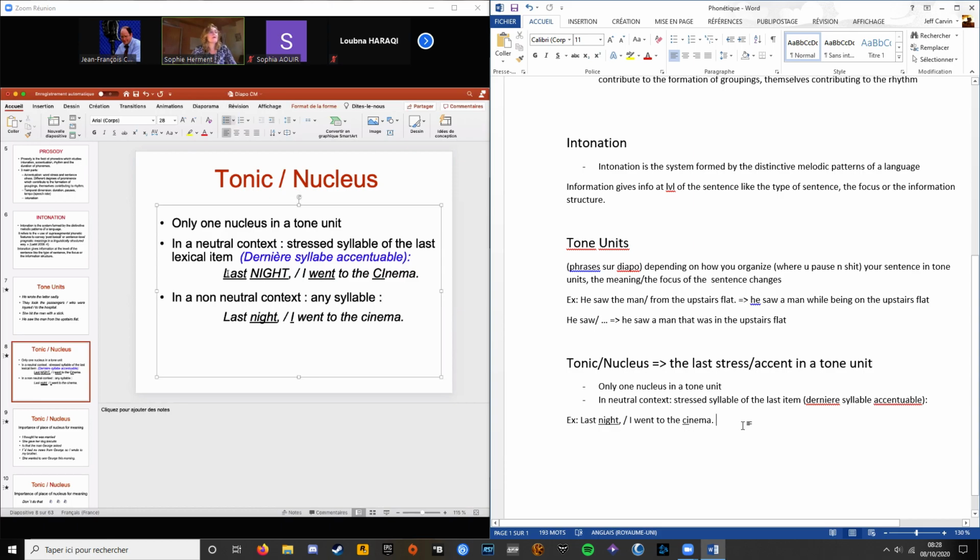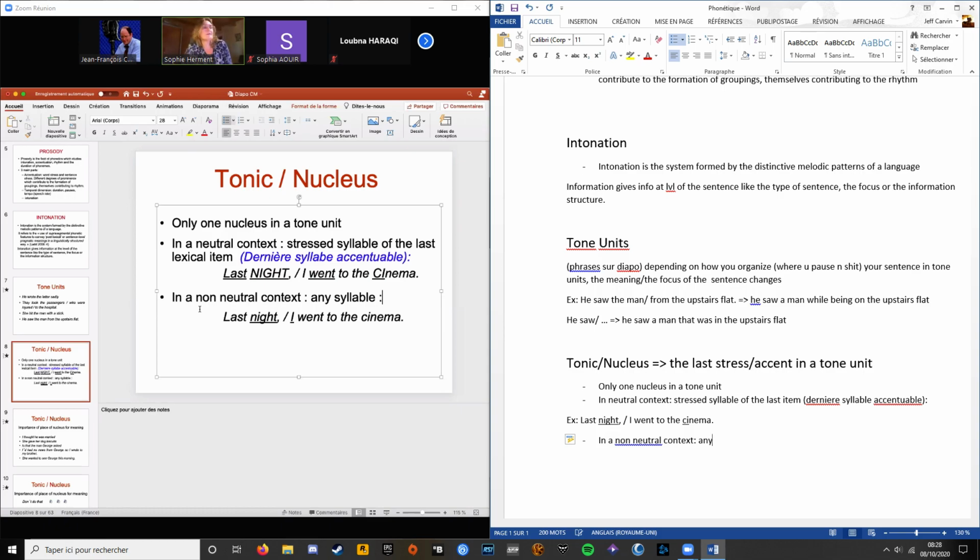And in a neutral context, of course, it's the stressed syllable of the last lexical item. Because in a neutral context, since you're going to stress all the lexical items, then the last one is the nucleus. But in a non-neutral context, it can be any syllable.